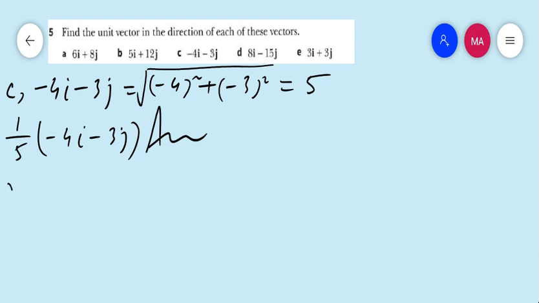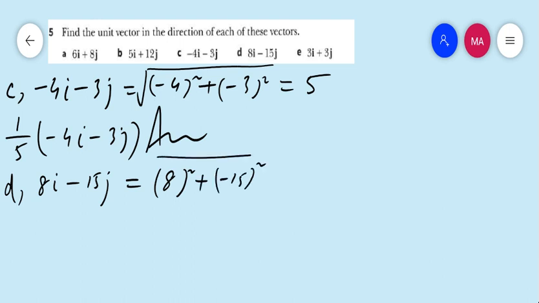Part D. 8i minus 15j. 8 square minus 15 square, square root.